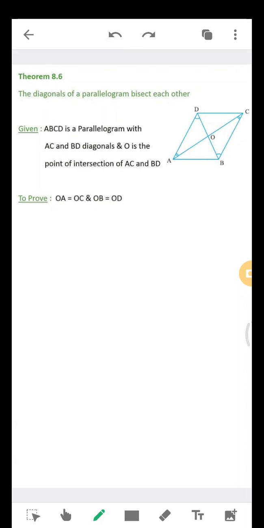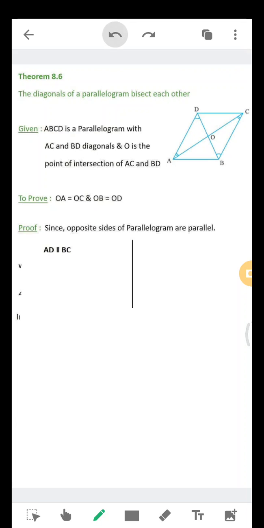So for proving this, we can prove these two triangles are congruent, and we can say by CPCT that this is equal to this and the other part is also equal. So let's prove these two triangles are congruent. We know that opposite sides of a parallelogram are parallel, so AD is parallel to BC.